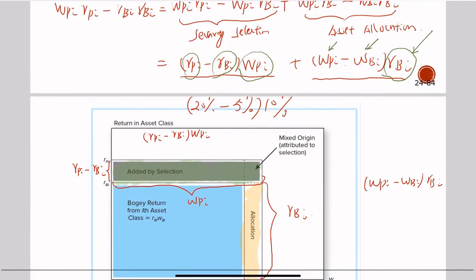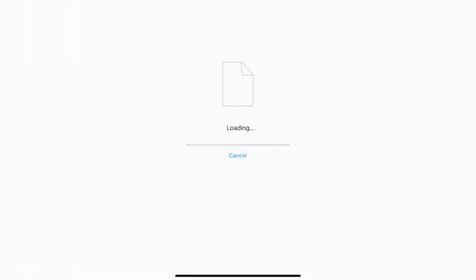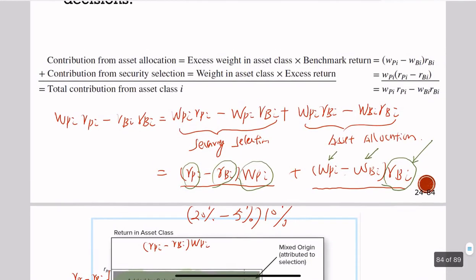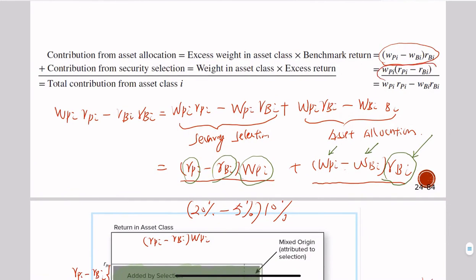The key about this decomposition is that you really need to understand that you need to decompose this return difference into two components. And importantly, you need to understand why this component is about asset allocation and why this component is about security selection.